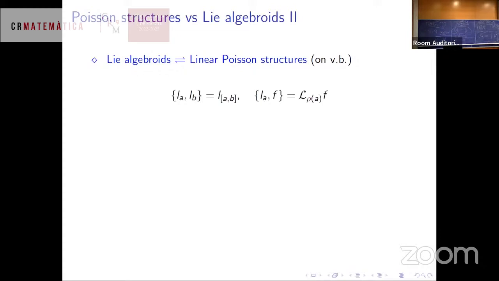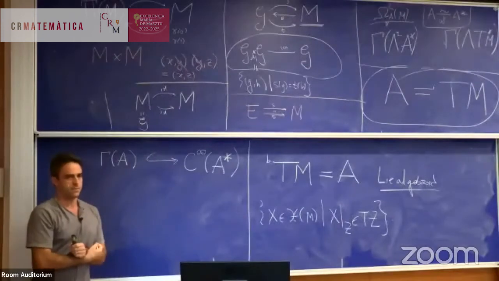Okay, so what I'm saying here is that you can view sections of your Lie algebroid inside functions of the dual as linear functions, right?